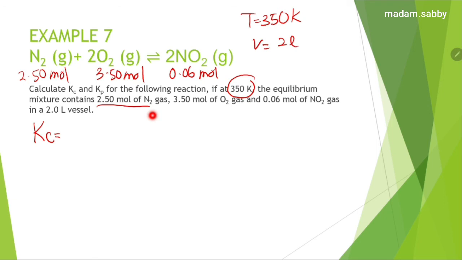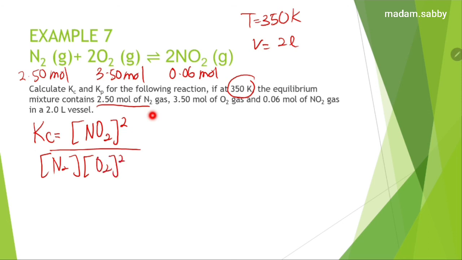To calculate the Kc, first write down what the Kc is. Your Kc is the concentration of NO2 squared over N2 and O2 squared. So you need to first calculate the concentration of all the gas components at equilibrium. How do we calculate concentration from moles? Concentration is simply the number of moles over volume, in liters, so mole per liter.